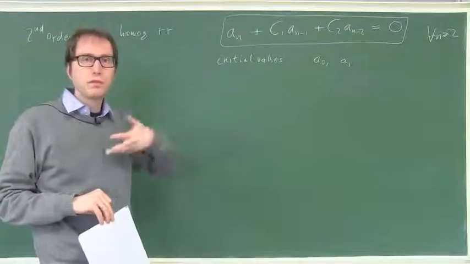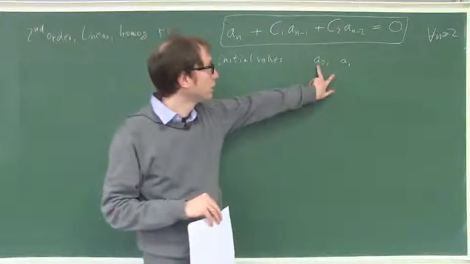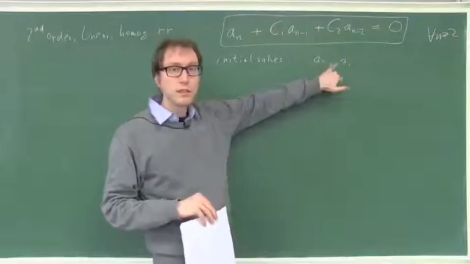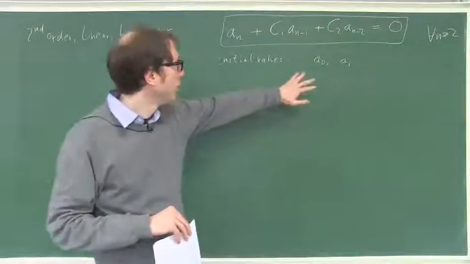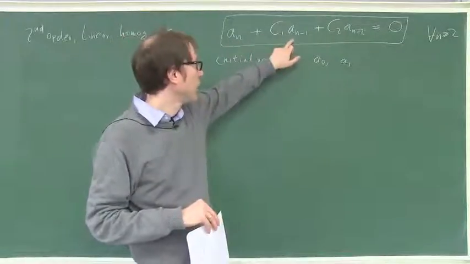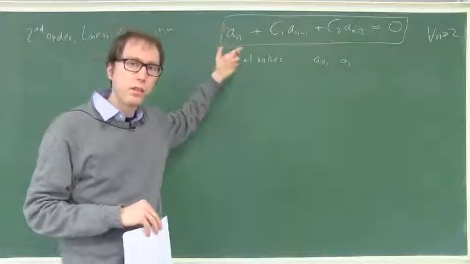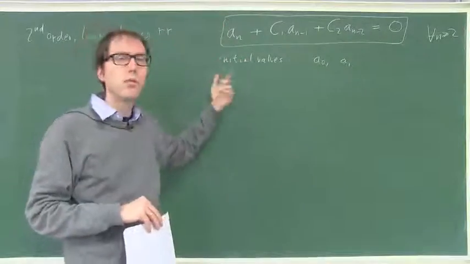You get different solutions for different a_0s. So here we have 2 initial values. You have to know what a_0 is, and you have to know what a_1 is. But once you know this, you can figure out what a_2 is, because a_2 plus c1 a_1 plus c2 a_0 is 0. So you can solve for a_2. And then you know what a_3 is, because you know what a_2 and a_1 are, and so forth.